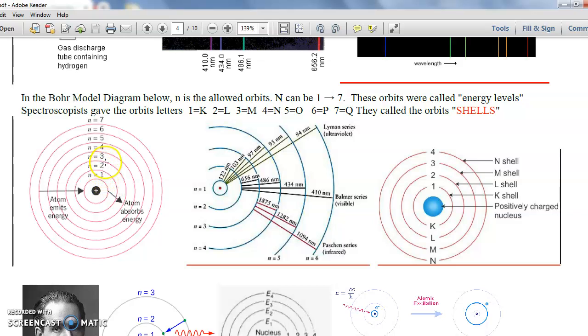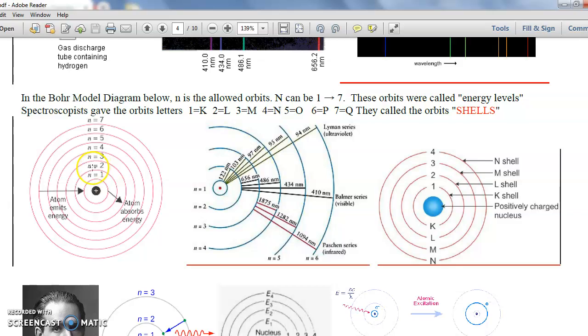Bohr assumed that every electron on a particular level had the same amount of energy, and we now know that is not true. The electrons on the first energy level do have the same amount of energy. The electrons on the second level have more energy than the electrons on the first level.